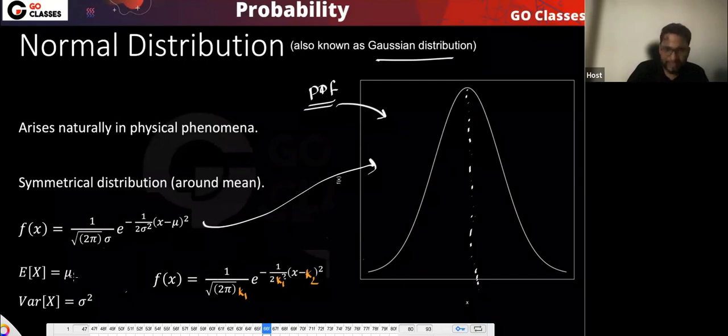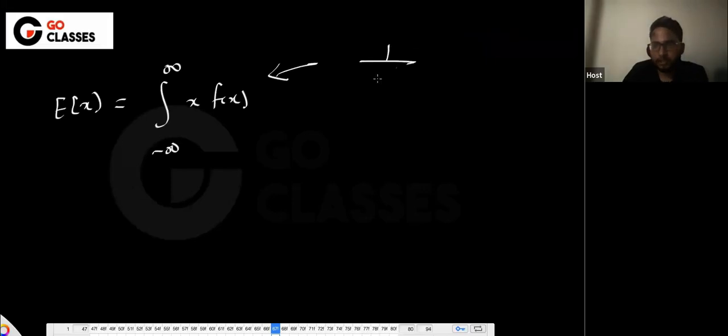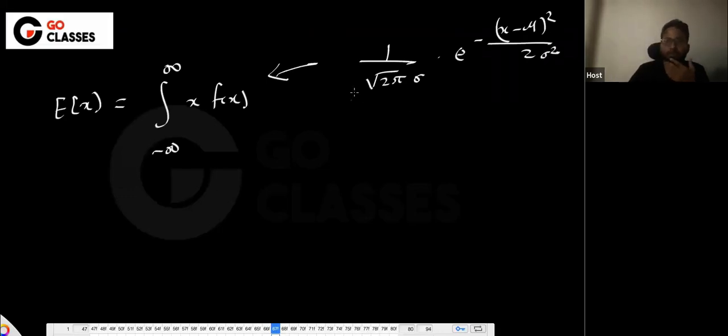Now, if you calculate the expectation using this formula, then what is the expectation? This is the integral from minus infinity to infinity of x f(x). If you put in that complicated formula for f(x), which is 1 upon under root 2 pi sigma into e power minus (x minus mu) square by 2 sigma square, then you are going to get some value, and obviously that will be in terms of k1 and k2.